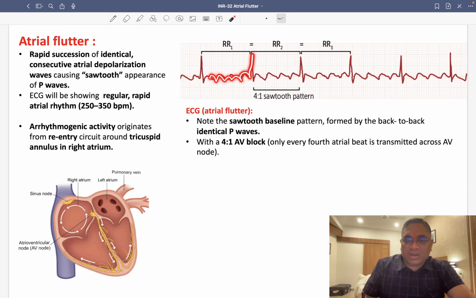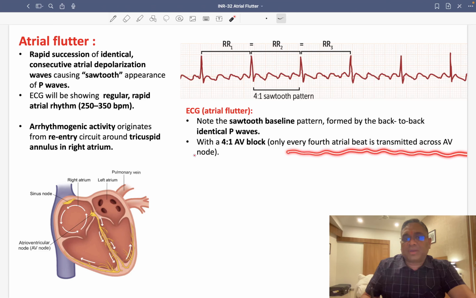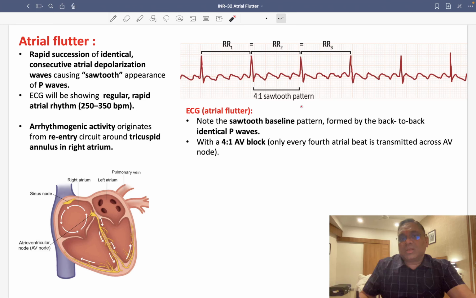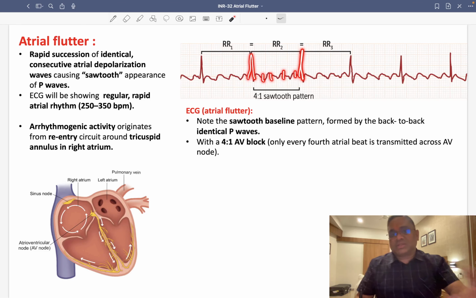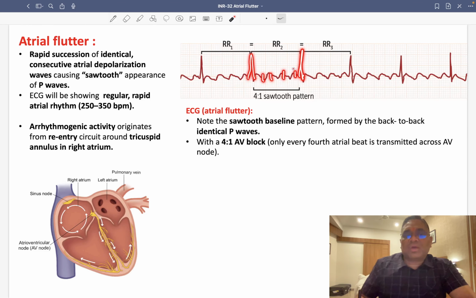Now the ventricle is contracting, so we call this a 4:1 AV block in this ECG, right? Because every fourth atrial beat is transmitted across the AV node, the QRS complex comes. So 1 2 3 4, and then the AV node passes this to the ventricle, right?